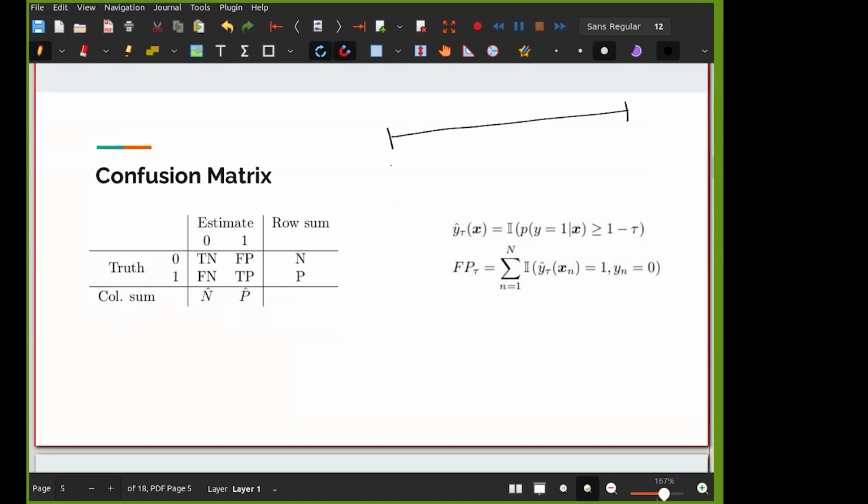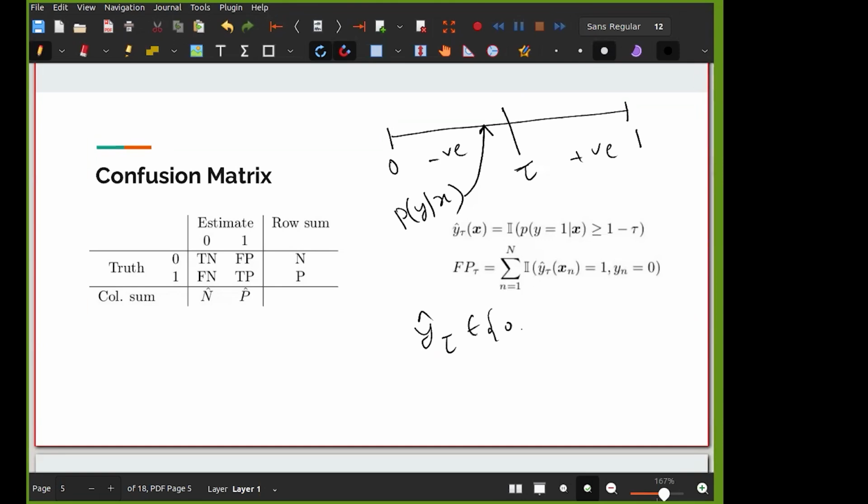So you have a scale between 0 and 1. You get a sample x, you feed it into your probability model P of y given x, and you get some score which will fall in between 0 and 1. And you have a threshold tau. If your probability is above this threshold, you have a positive class prediction, and if it's below the threshold, you have a negative class prediction. So y hat of tau is your prediction.